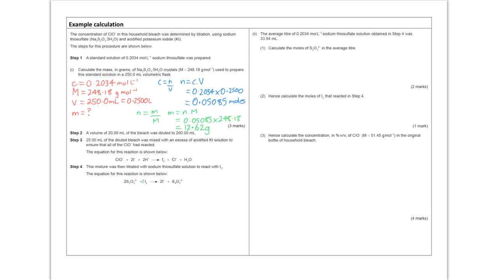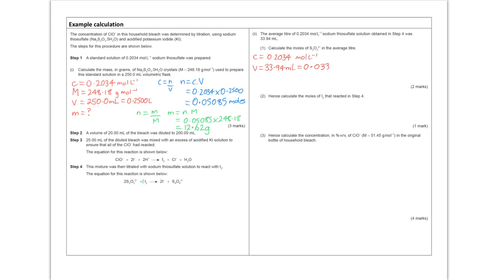So again, let's write down the information in the question. Concentration is equal to 0.2034 moles per litre. The volume is equal to 33.94 millilitres. And I hear you all yelling, change that to litres, and you are correct. Oops.